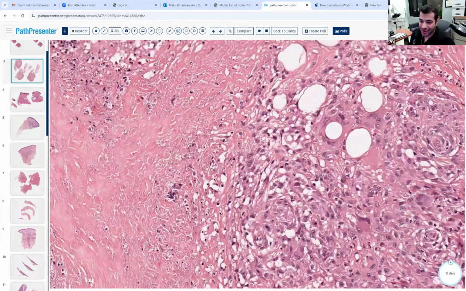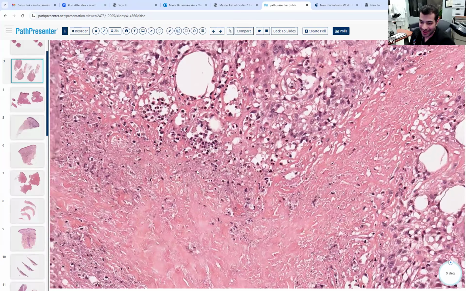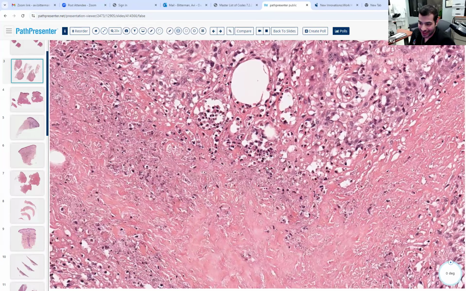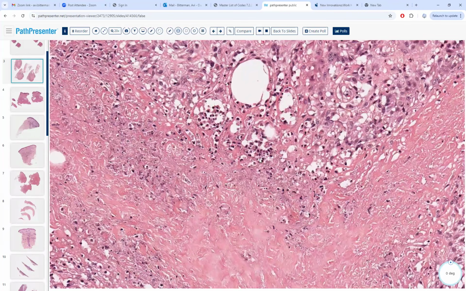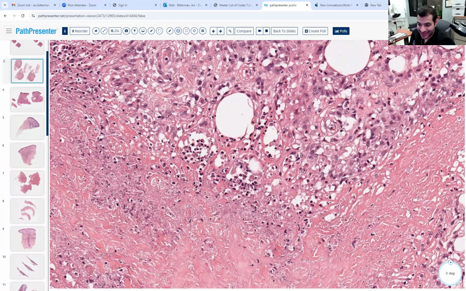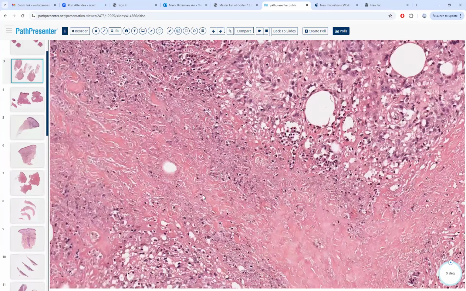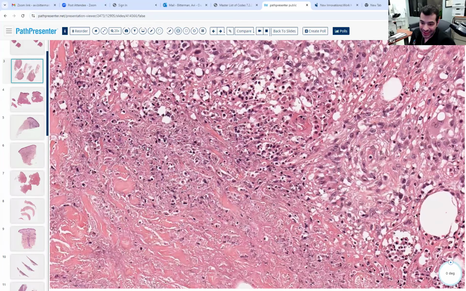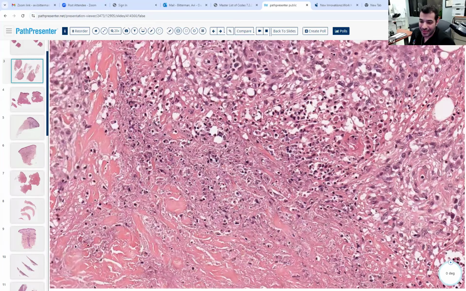But I'm trying to clue you in. You see how it has a kind of dirtier appearance? What other cells are here? There are some eosinophils, these bilobed cells. And it also looks like there could be some neutrophils as well. Yes, there are neutrophils here. So a very busy dermis. You can also see some neutrophil dust here. It has a dirtier appearance.